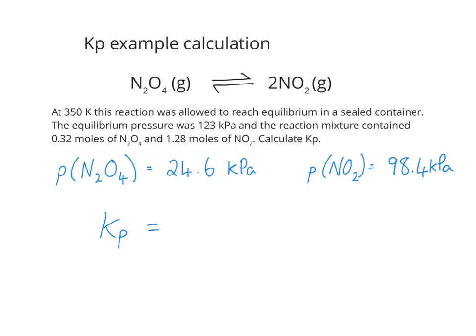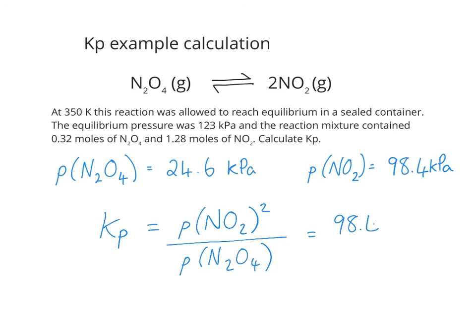So what you've really got to watch out for here is that you remember that Kp or Kc equations are always in the format of the right hand side products over the left hand side reactants. It's worth writing it out to remind you of that, and then you can put the correct numbers in. Other thing that's very easy to do is to forget the squared.